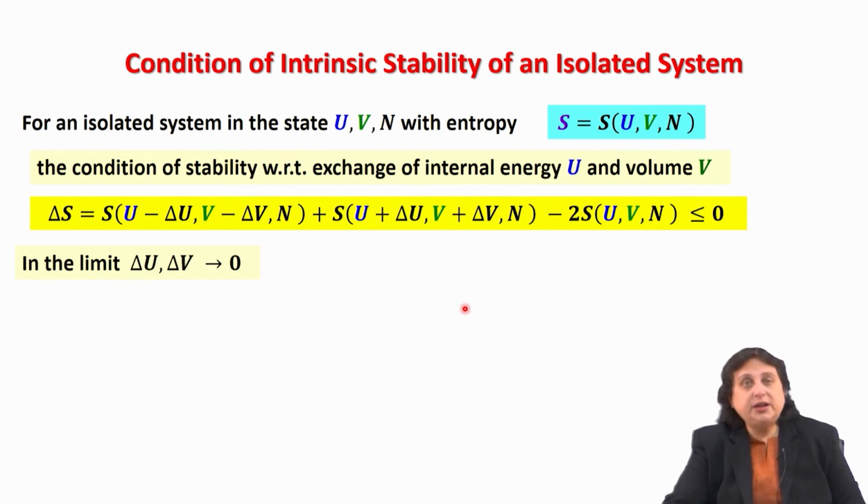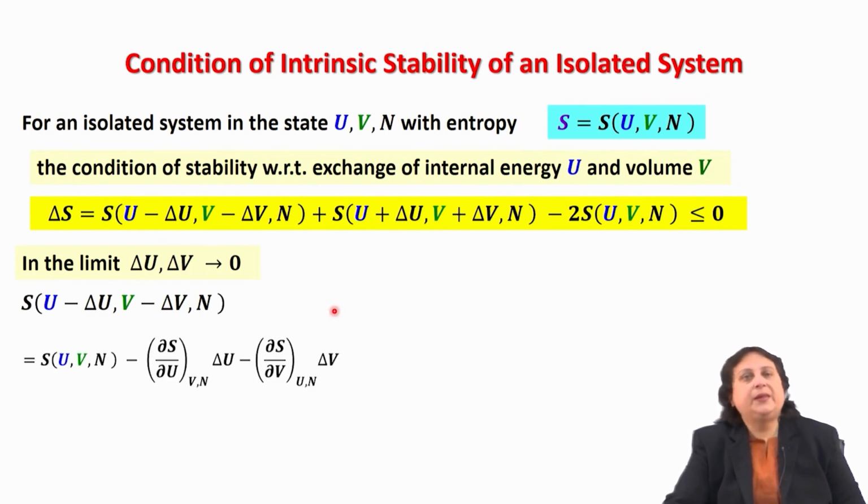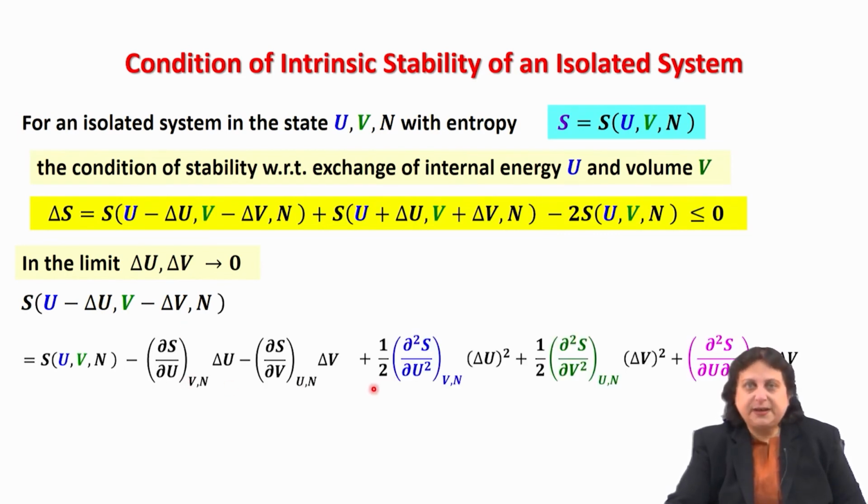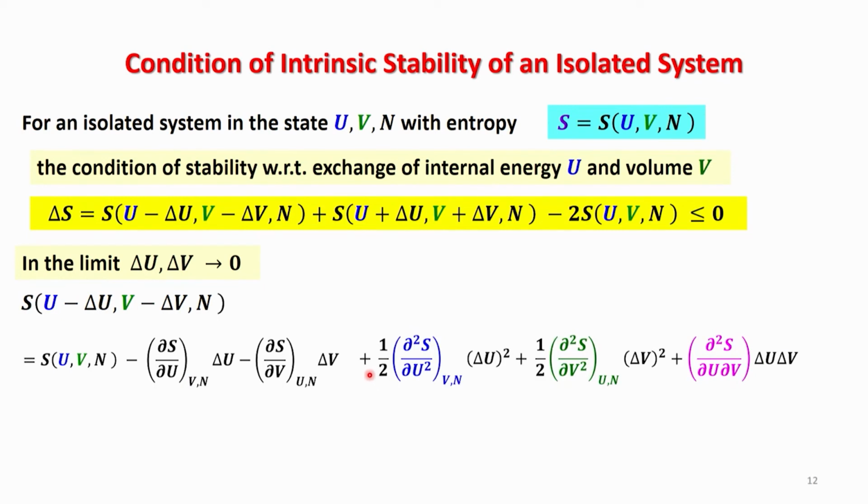The corresponding relationship in the limit of delta u and delta v going to 0 turns out to involve the expansion of this quantity in terms of a two-variable Taylor expansion, where I not only have the entropy at the initial point and the first order terms in each of the variables, but also the pure second order terms for each of the variables and one cross term over here.